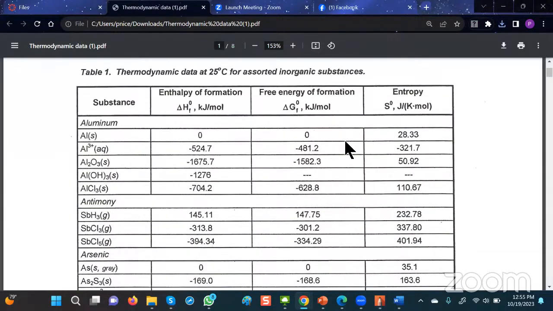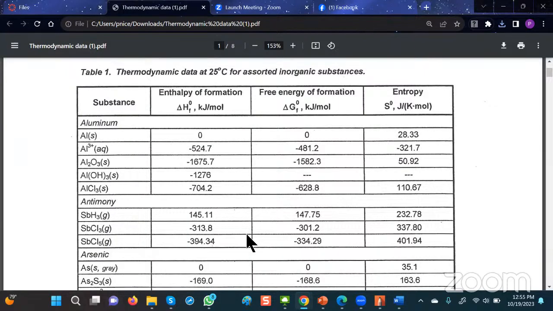Now, for this course, we will only be using the values here, right? For those of you who plan to do general chemistry 2, then you'll be using these two values in the second and third columns here. But the values that we'll be using here are these values here. So these are the standard enthalpy of formation of these substances here, right?